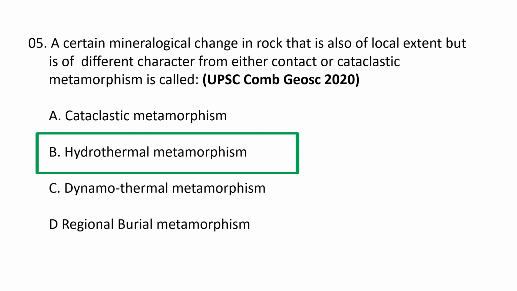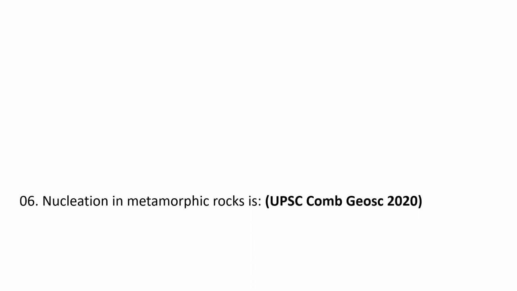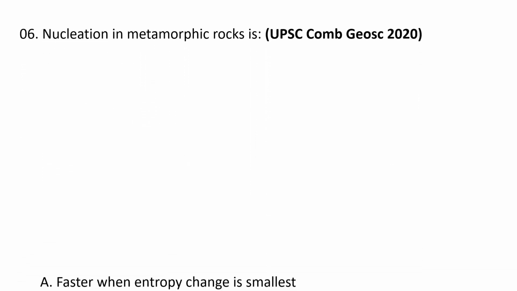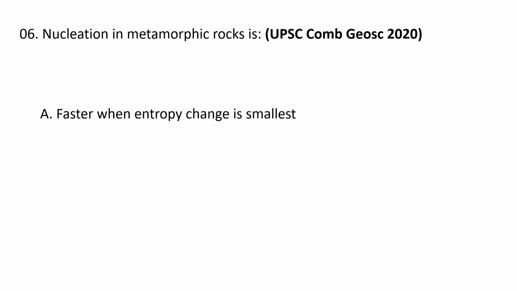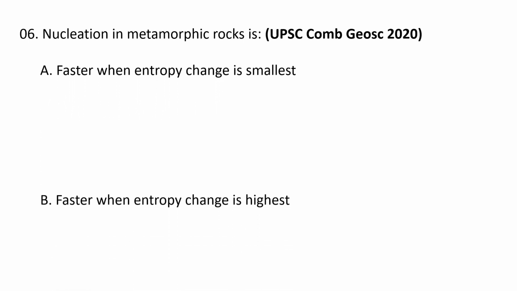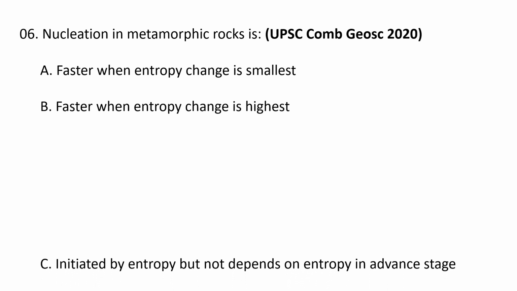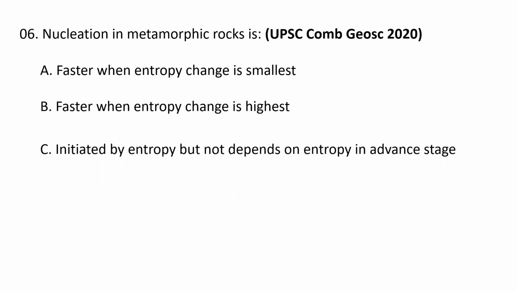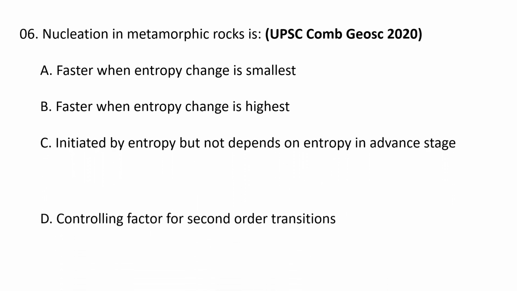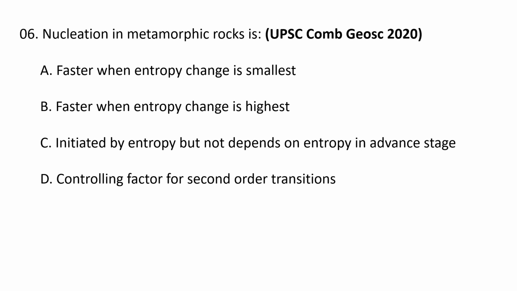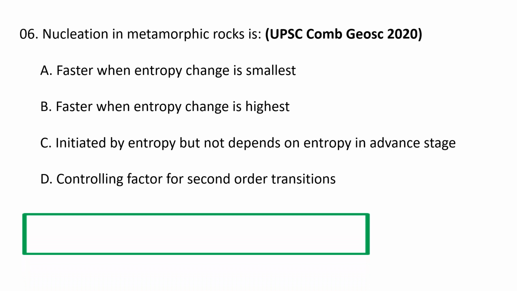Hydrothermal metamorphism. Next question. Nucleation in metamorphic rocks is: A. Faster when entropy change is smallest, B. Faster when entropy change is highest, C. Initiated by entropy but not dependent on entropy in advanced stage, and D. Controlling factor for second order transitions.